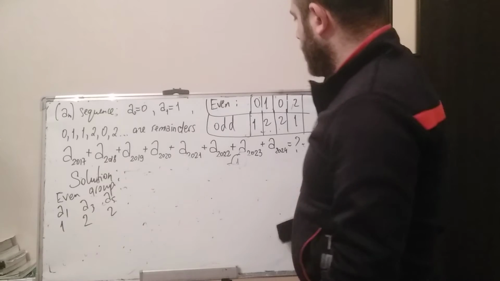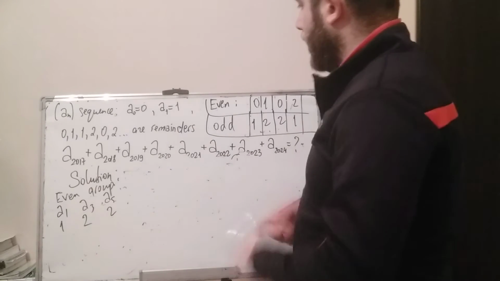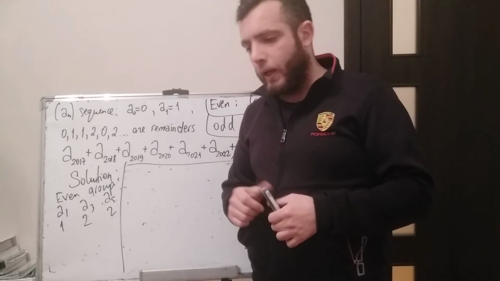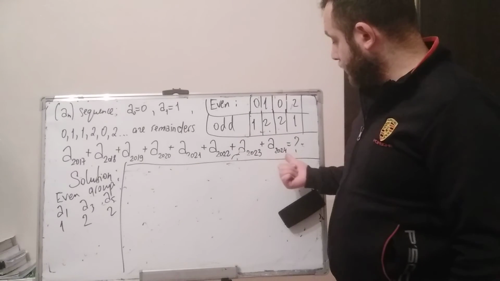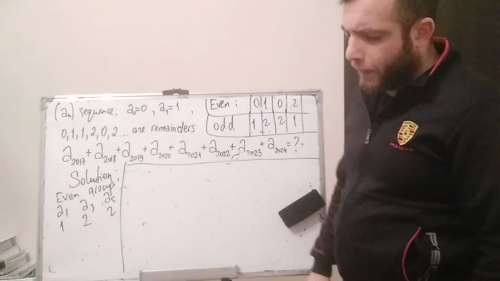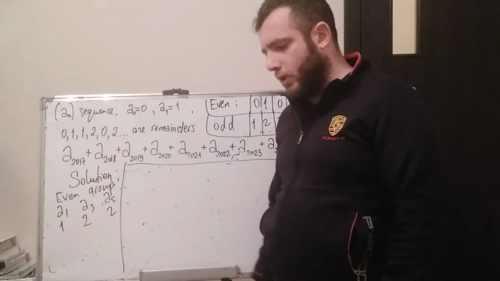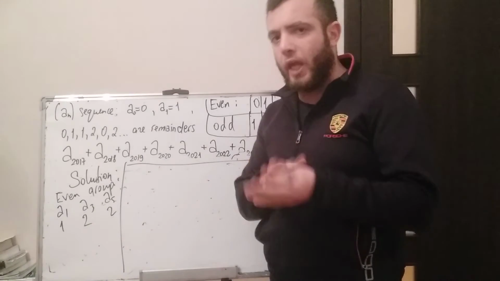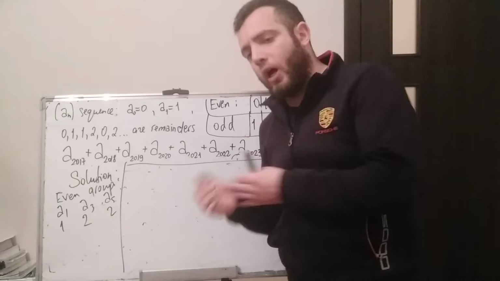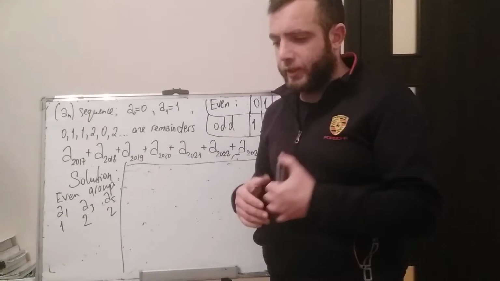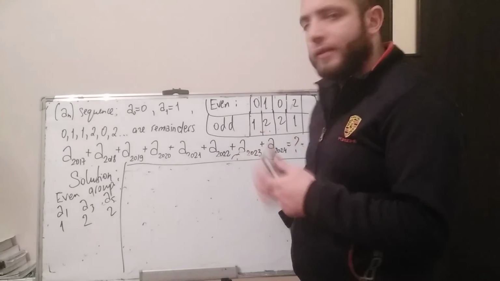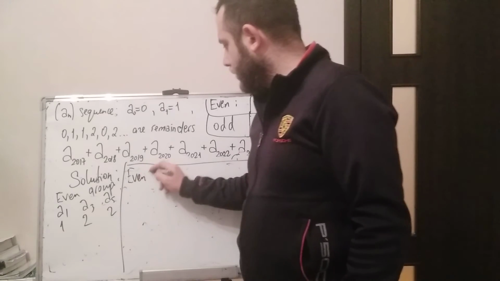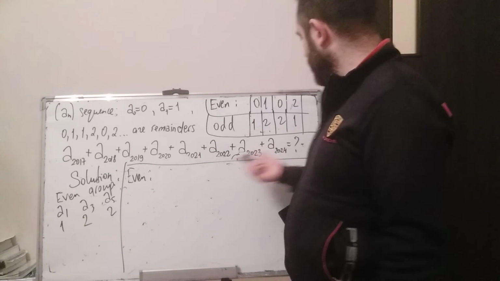Now let's first find how many terms there are in the even index sequence and how many in the odd index sequence, because the last term is 2024. First let's do it for even. The first is A0, the last is A2024.